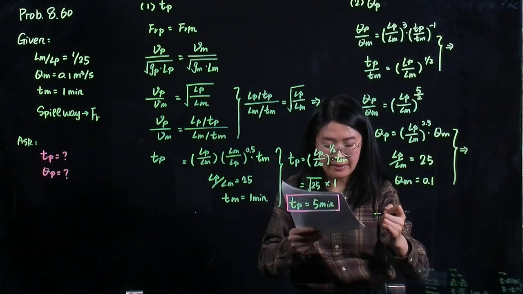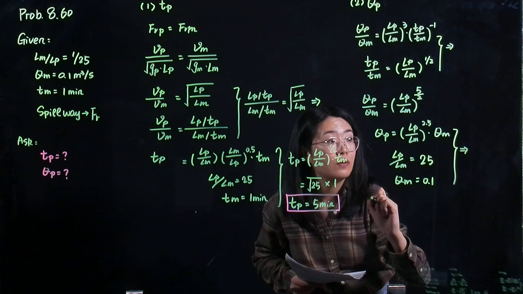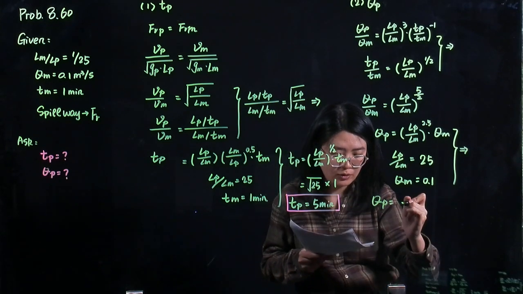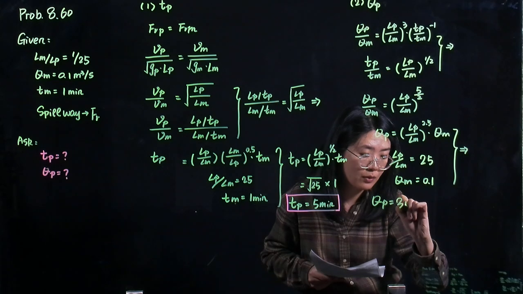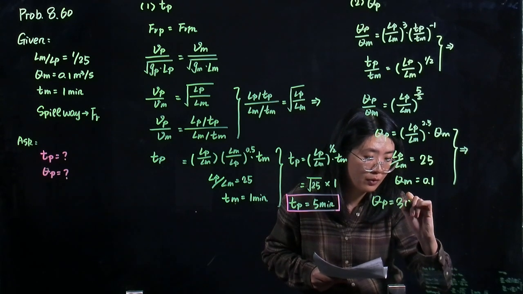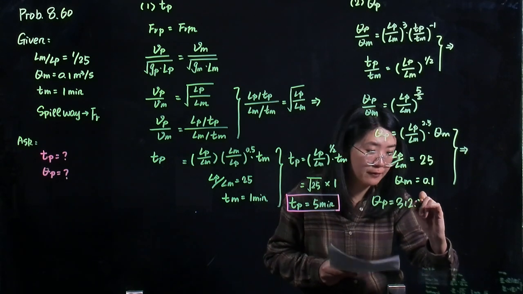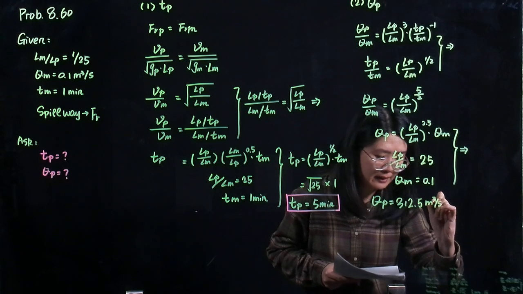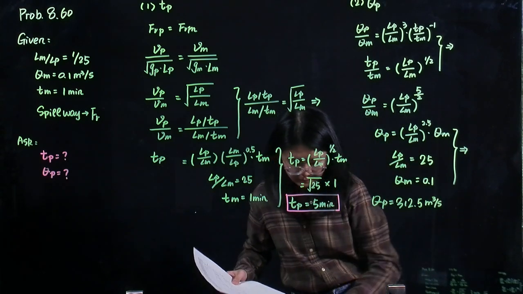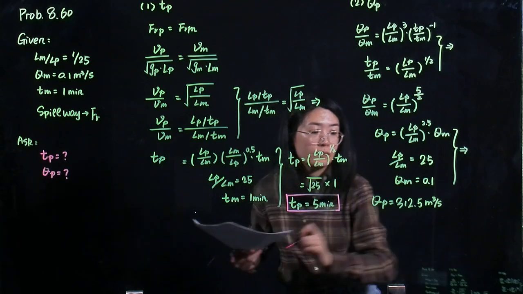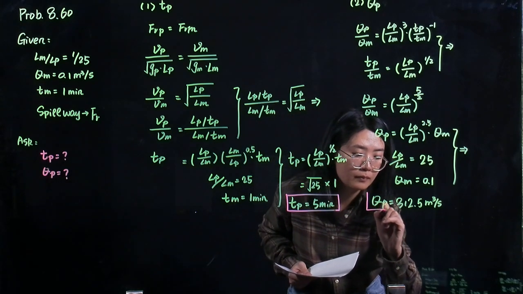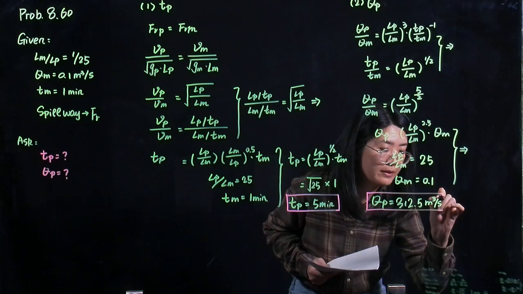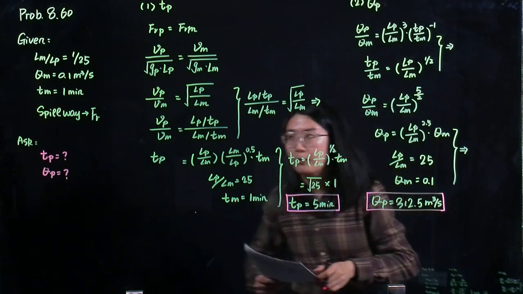Then we can get the Qp should equal 312.5 cubic meter per second. Now this is the complete result for the third problem.